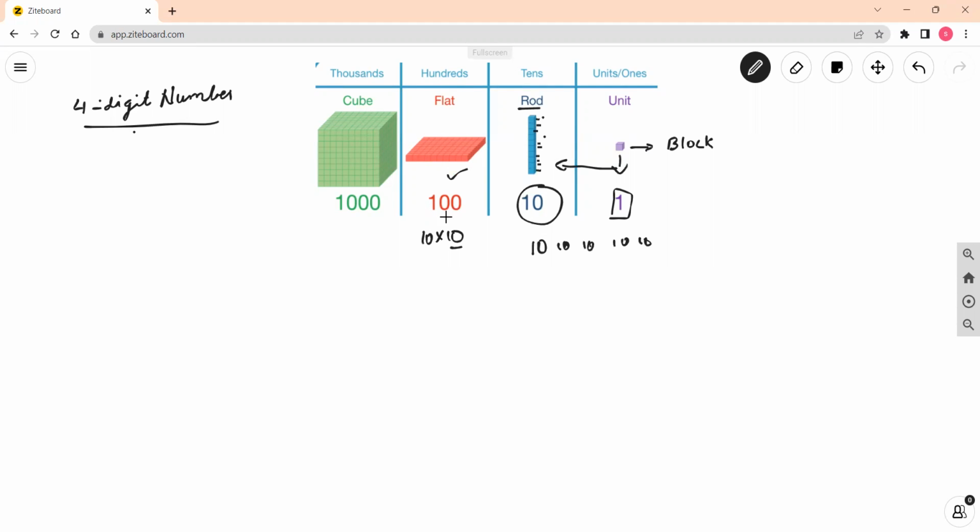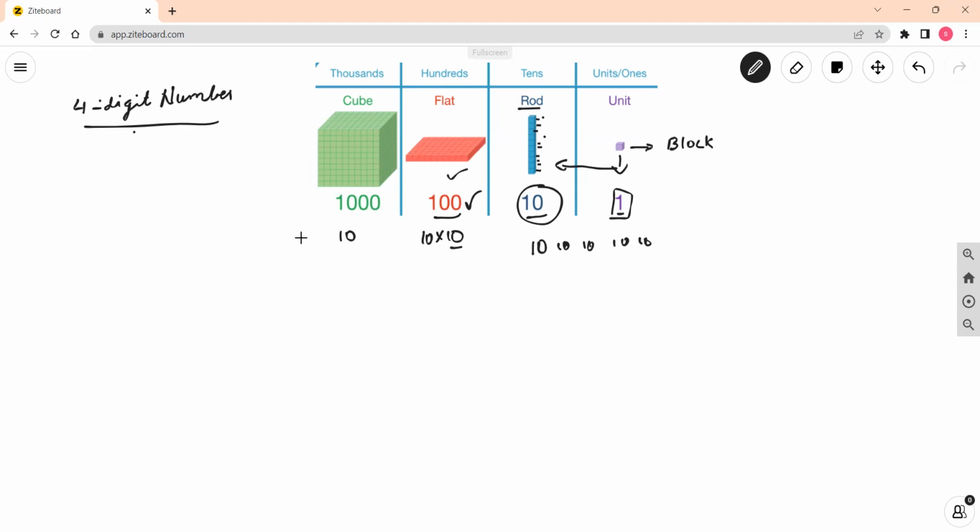So together it makes 100 blocks. So we call it a flat. A flat contains 100 units. So one flat is equal to 100, one rod is equal to 10, one unit is 1.